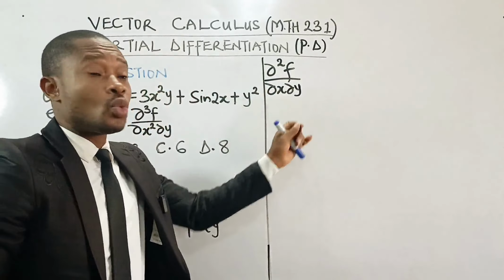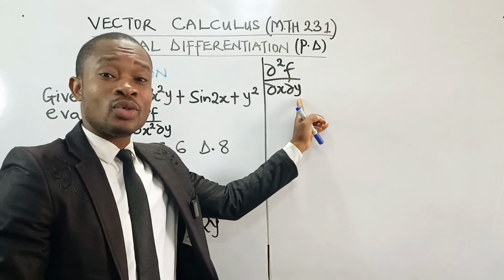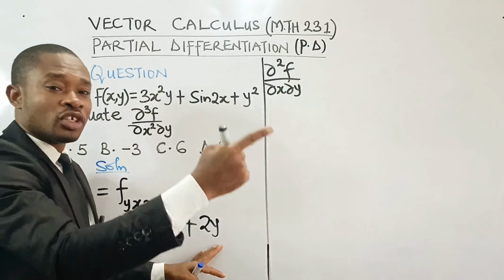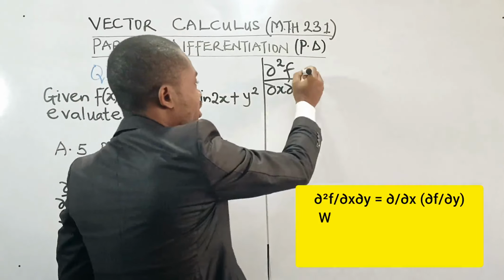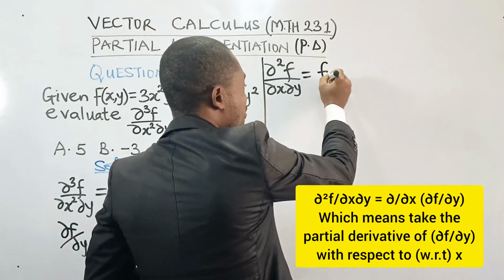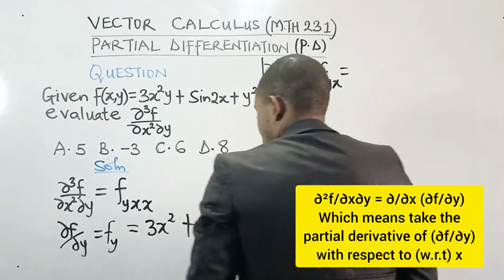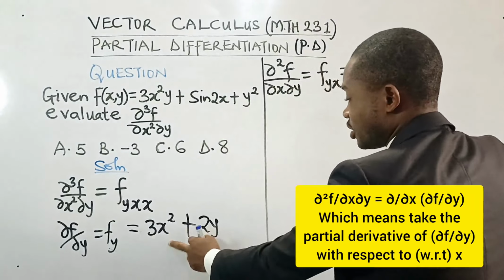Remember the interpretation. We have obtained del f del y. This time around, we are now trying to obtain the partial derivative of the function we got earlier, this time with respect to what? x. So I'm actually evaluating f sub y sub x. So I'll come to this, and then I'll take the partial derivative with respect to x. Let's go.